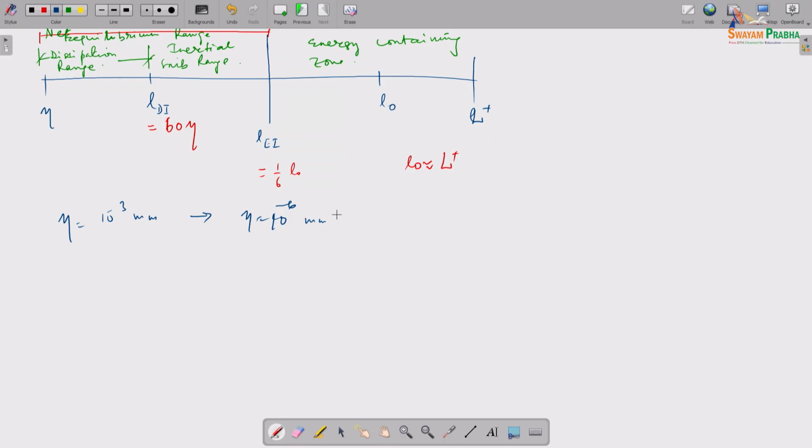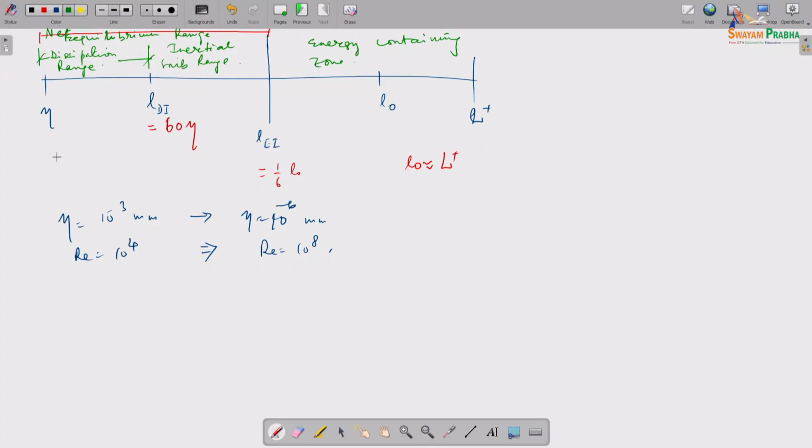And the Reynolds number has increased. So if the Reynolds number increases, the size of the smallest eddy is decreasing. Now you can see here, this is the range that we are talking about.